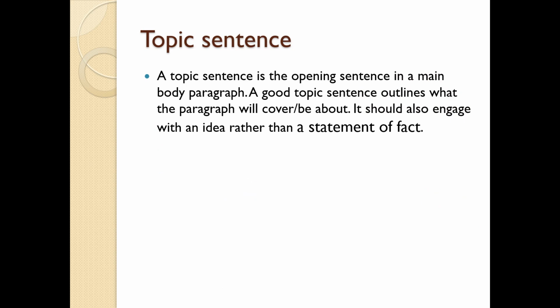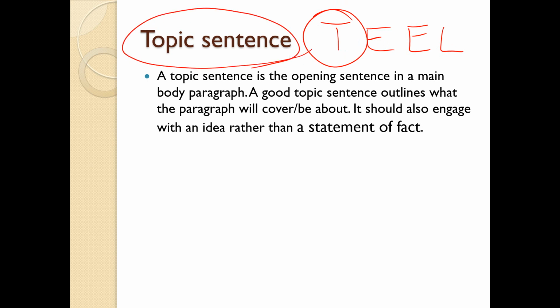The first thing we want to focus on is what we call TEEL, and the T in TEEL refers to topic sentence. A topic sentence is the opening sentence in a main body paragraph, so this is your very first sentence. It's got to be strong, it's got to be powerful, and a good topic sentence outlines what the paragraph will be about.